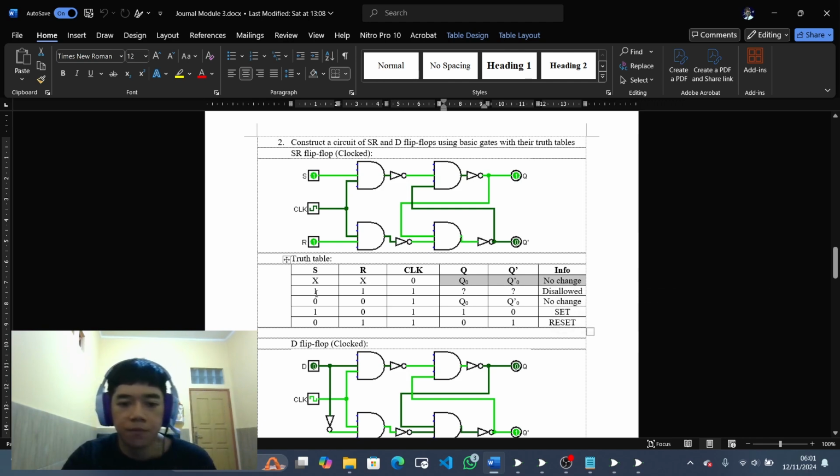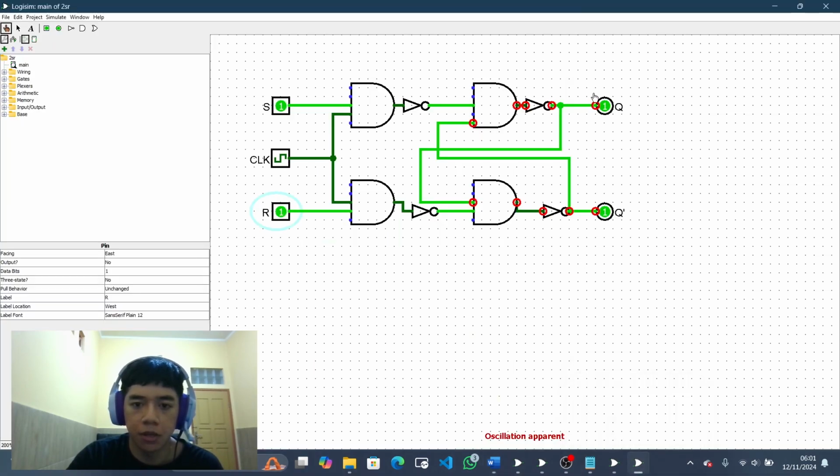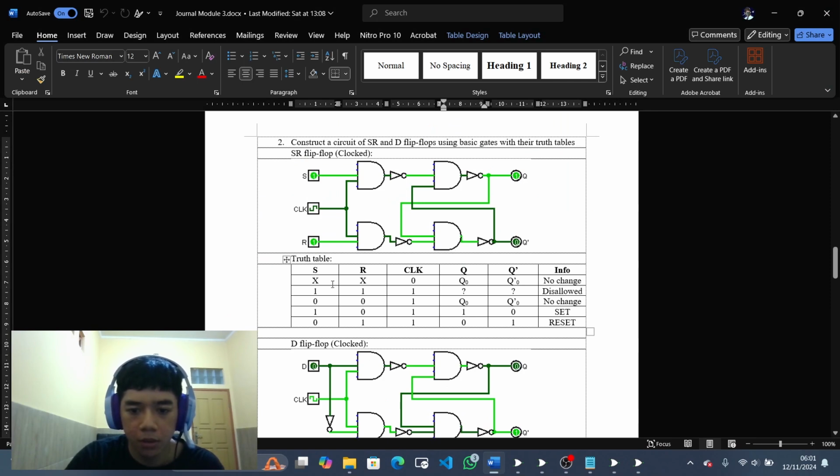All right, moving on. When S is 1 and R is 1, it errors. As you can see from the previous one here, oscillation is apparent. Moving on. 0, 0, when the clock is 1, it will be no change.